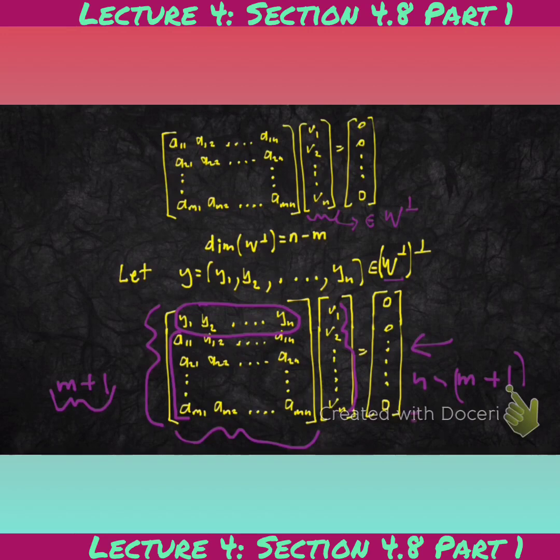free variables. So in fact, there's going to be a general solution to that matrix system that has n minus m minus 1 free variables.